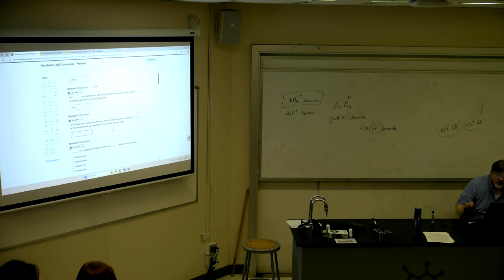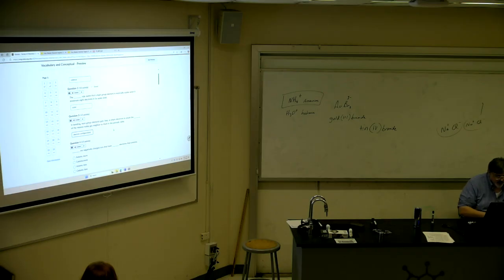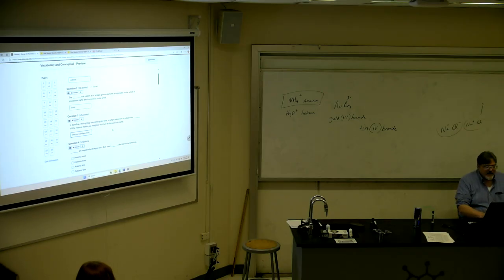Bonding for main group elements, that's the first 2 columns and then all the nonmetals. Main group elements gain, lose, or share electrons to attain the blank of the nearest noble gas neighbor. You know what word you would put here? Yeah, electron configuration.